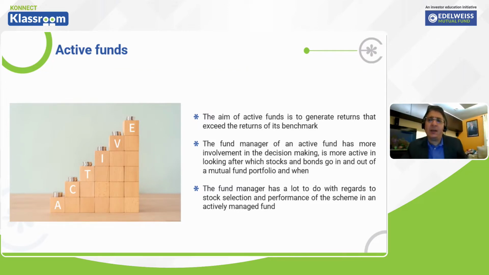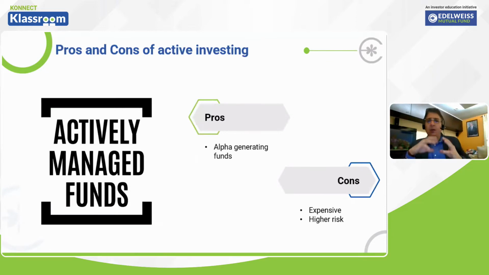That's the idea of an actively managed fund. As I was saying, the pro is obviously alpha generation. It is actively managed. Securities are bought and sold with the endeavor that they will perform better than the index it is marked against, and that's one reason why one would prefer to have an active fund.